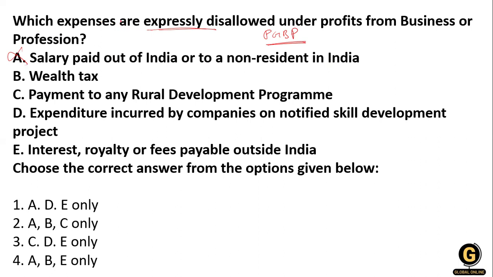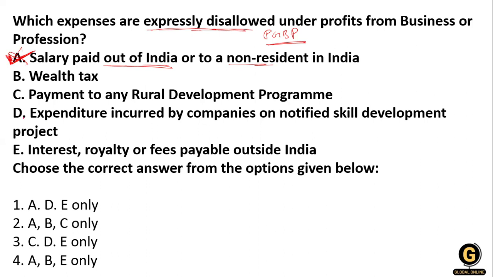Which expenses are expressly disallowed in the PGBP? Salary paid out of India, not in India. It's outside India and to a non-resident, so it is allowed. This expense is allowed under the PGBP.